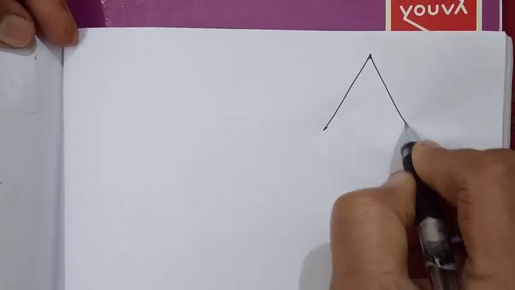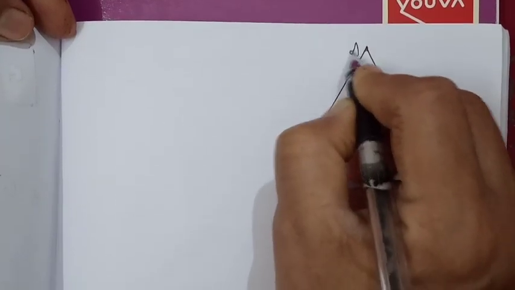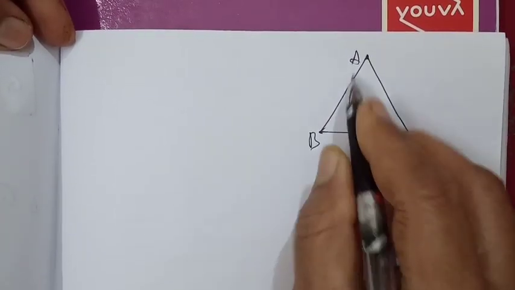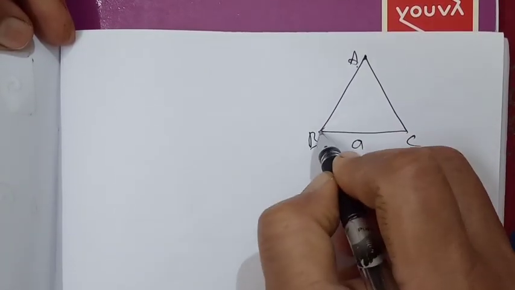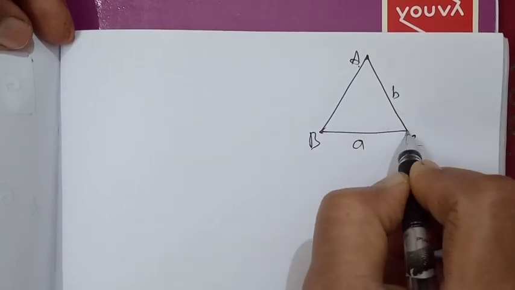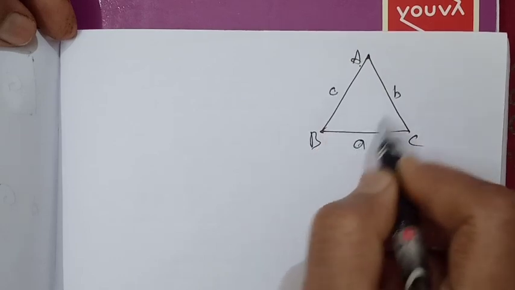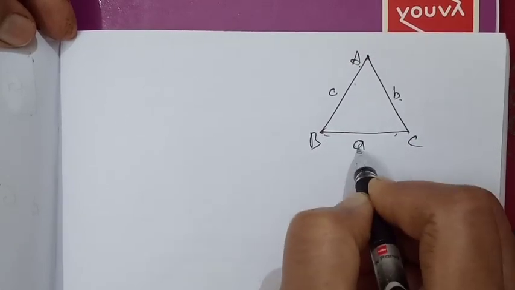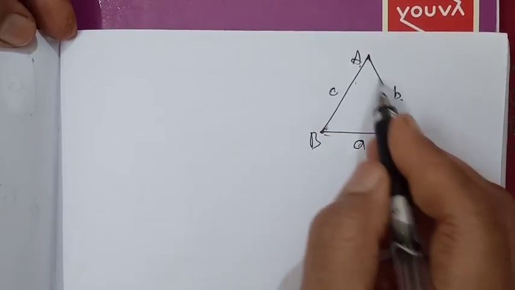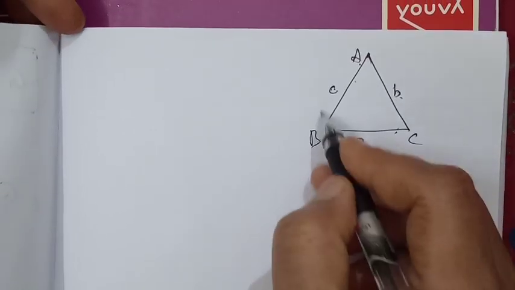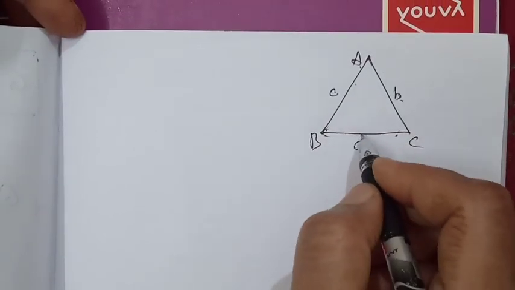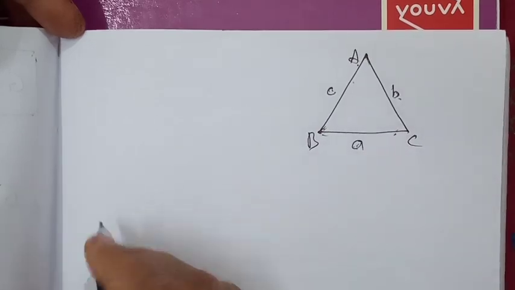Suppose this is a triangle ABC. A opposite small a, capital B opposite small b, capital C opposite small c. That means these are the lengths of the sides. BC length is a, AB length is c, AC length is b. Here coordinates are not given, children, only the lengths of the sides are given.